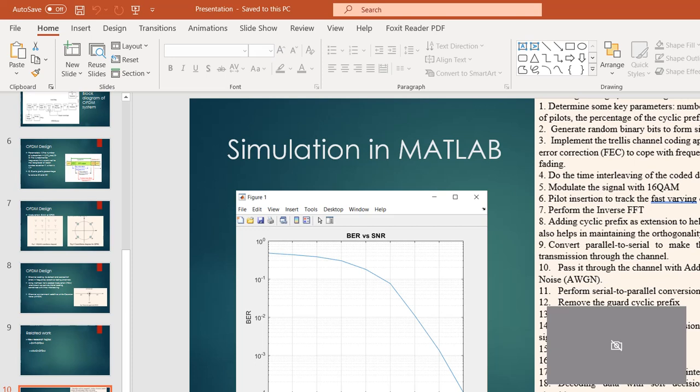The picture on the left is the final plot. It is the bit error rate with respect to signal to noise ratio, and we can see that as the signal to noise ratio increases, the bit error rate becomes lower.